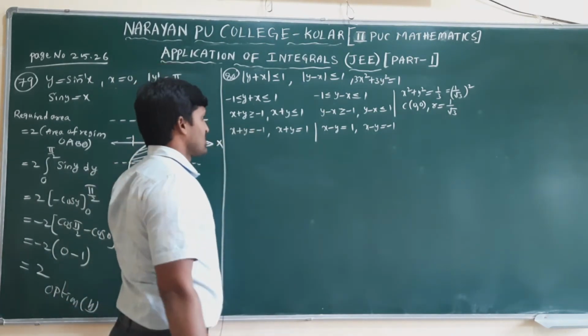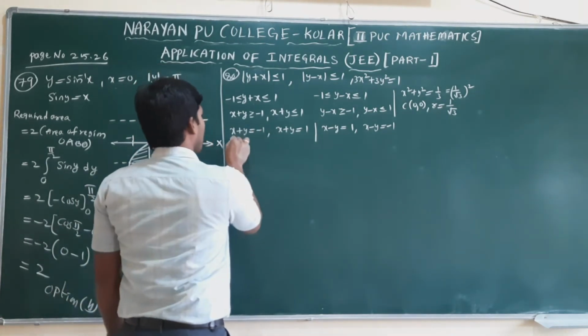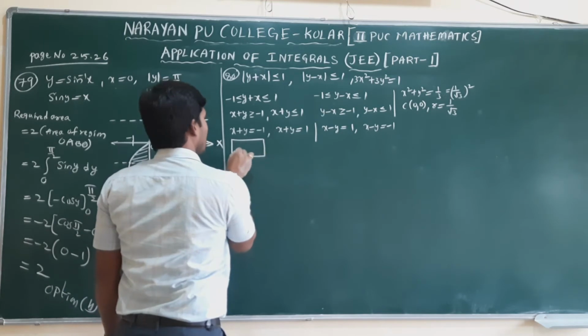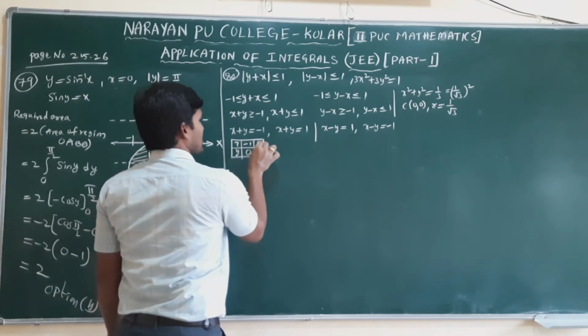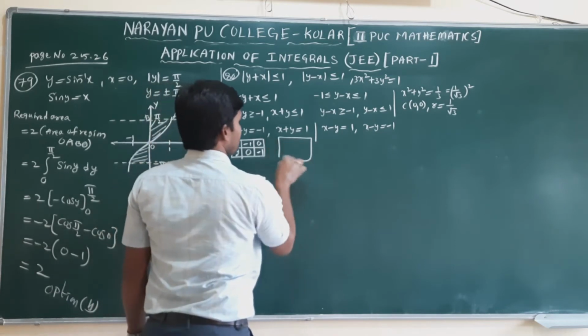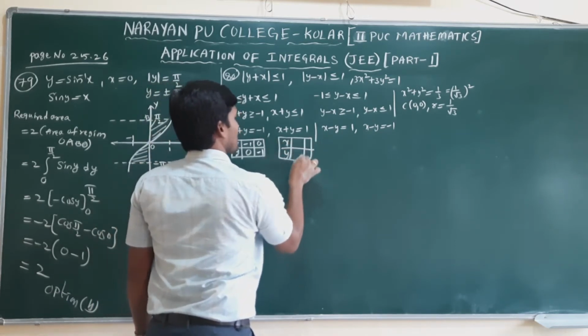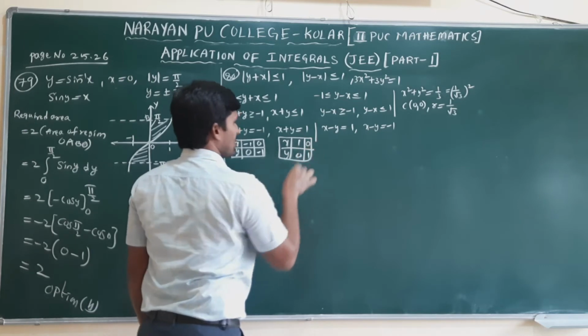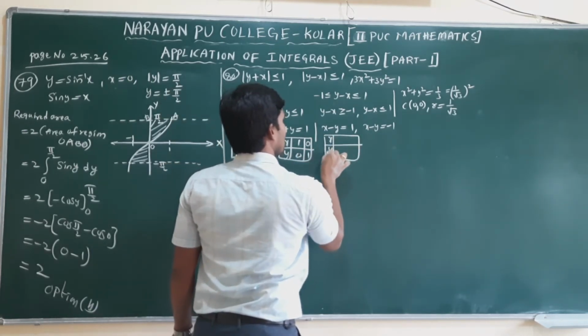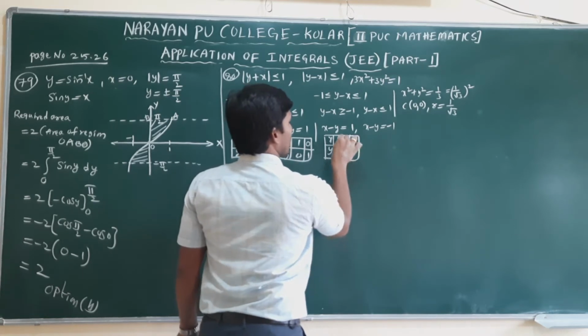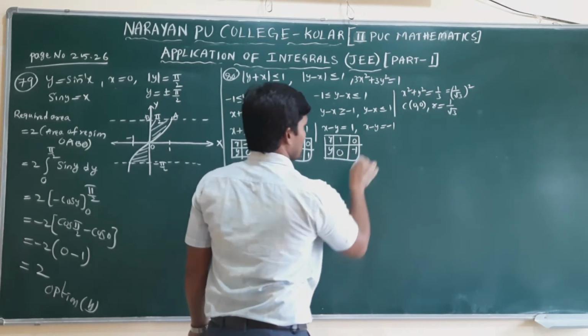These are the 4 lines, and these 4 lines form a square. I am telling this only for understanding purposes. For y 0, x value is minus 1; for x 0, y is also minus 1. For y 0, x value is 1; for x 0, y is also 1. Similarly here also the same thing. For y 0, x value is 1; for x 0, y value is minus 1.